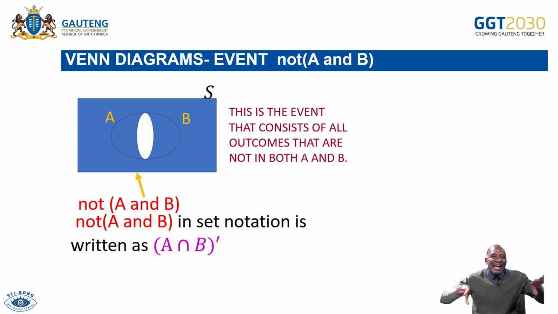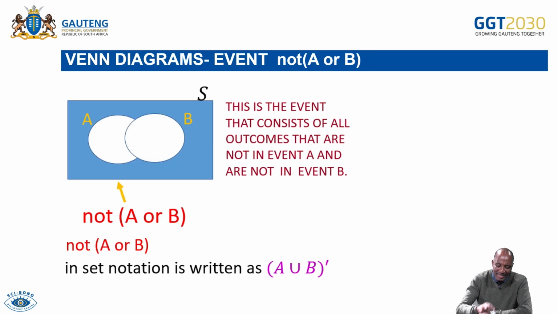You are outside that white region. That is read as not in A and B. If you are not in A and B, where are you? This is the event that consists of all outcomes that are not in both A and B. They are in A only, they are in B only, and outside in our rectangle. That's what we mean by A intersection B complement.